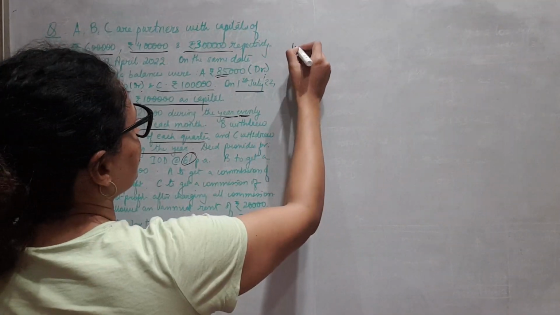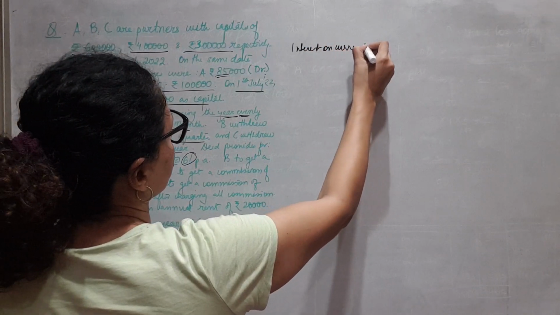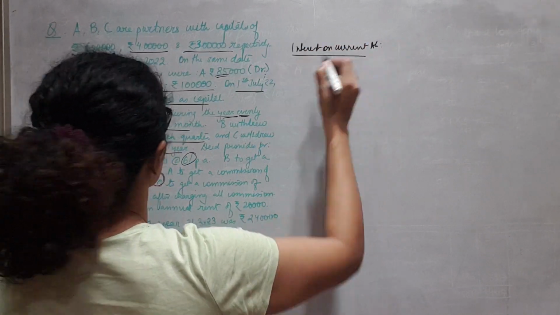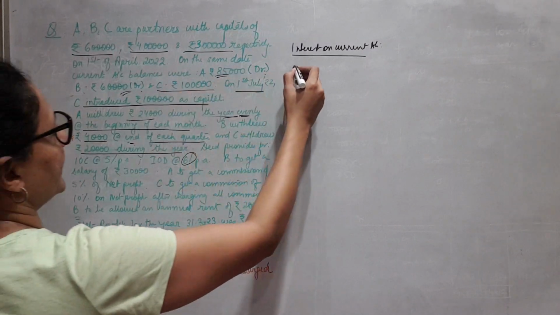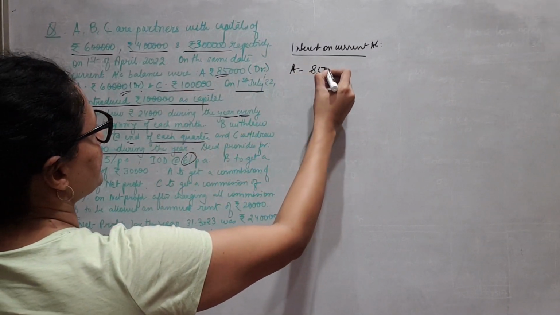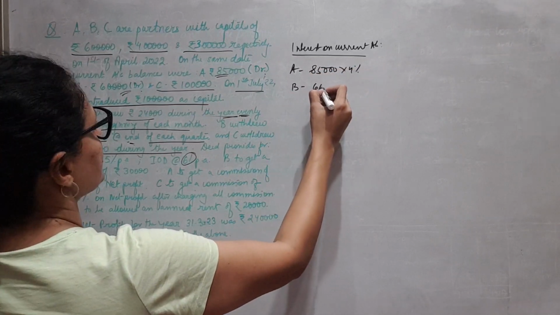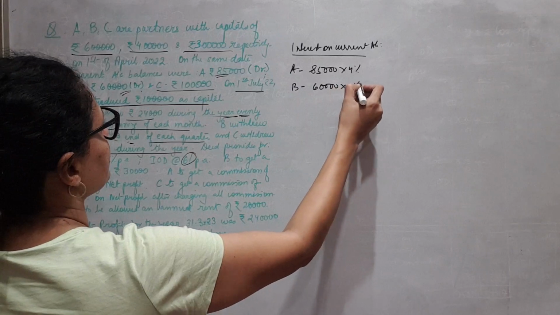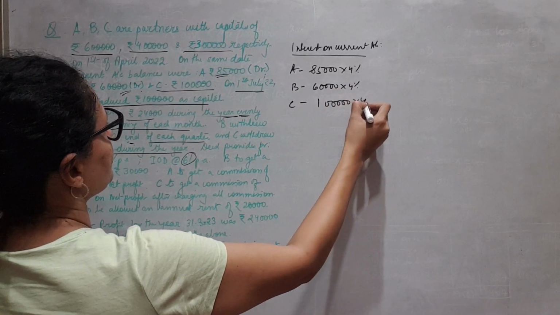So interest on current account will be current account balance of A, 85,000 into 4%, B, 60,000 into 4%, C, 1 lakh into 4%.